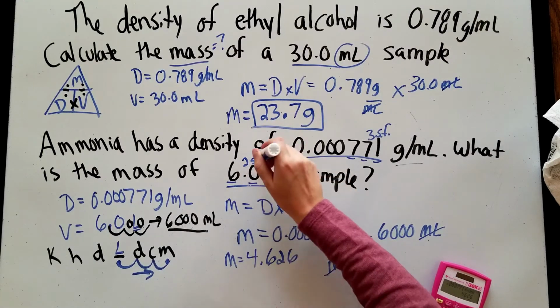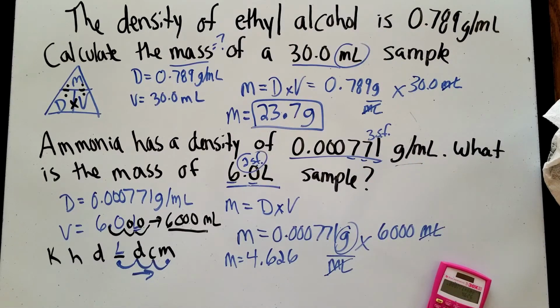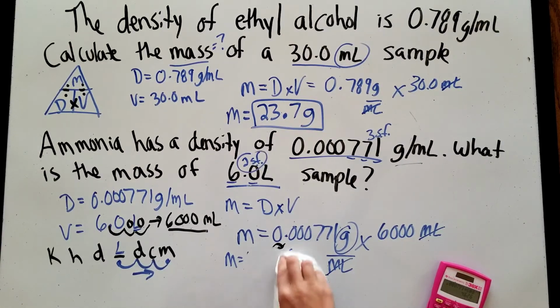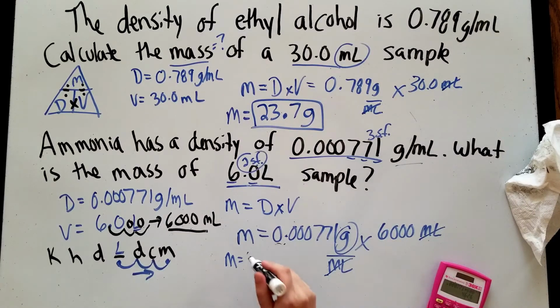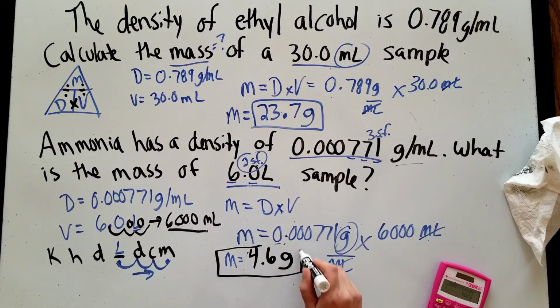So that means I want 2 in my answer, because I always pick the smallest. So I go down here. 1, 2, stop it there. That remains a 6. So my correct answer to the correct sig figs will be 4.6, and the units are grams because it's a mass. So if I weighed that 6-liter sample of ammonia, it would weigh 4.6 grams on the scale.